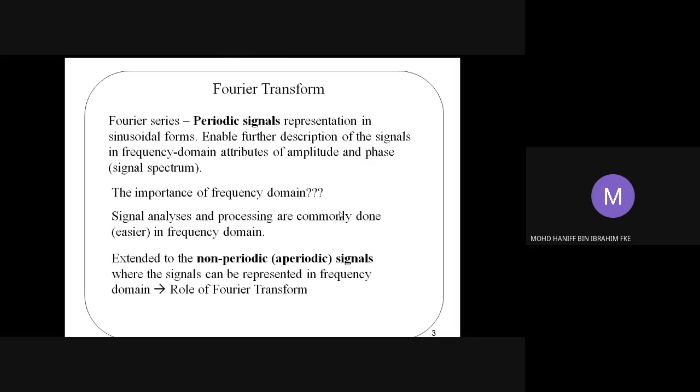Basically both are similar, because each is a way of transforming a signal from the time domain to the frequency domain. But the Fourier series is for periodic signals, and the Fourier transform is for non-periodic signals. That should be the difference between the two.